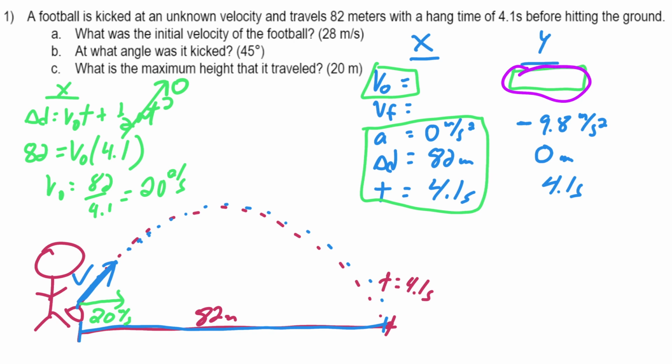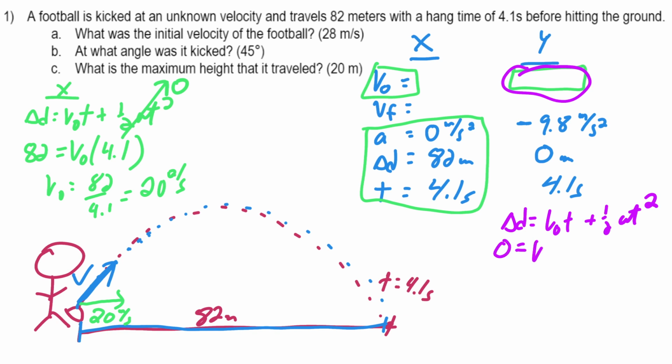So we'll set this up the same, and I'm going to use the same equation, v0 t plus 1/2 a t squared. Our displacement is 0 this time because we end up at the same place that we started.